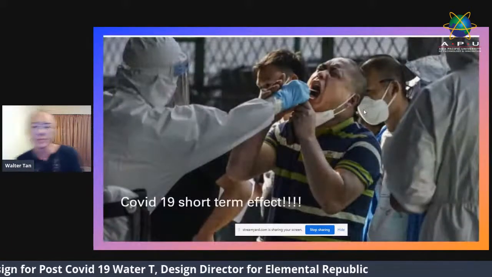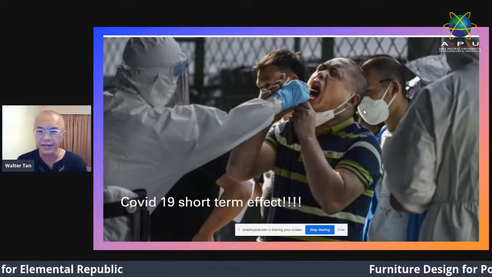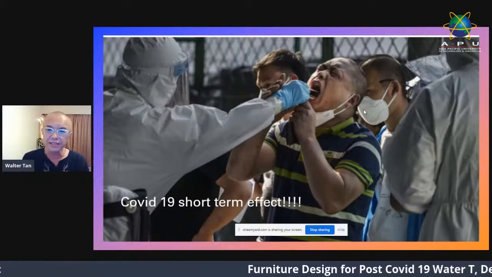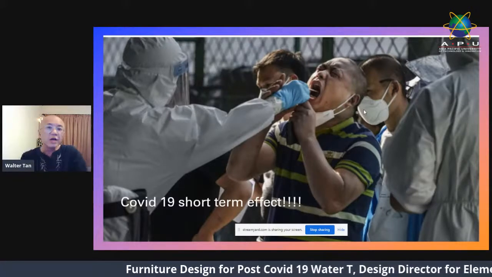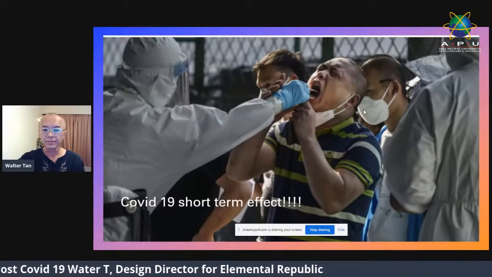Now, the topic of the world is COVID-19, or they call it coronavirus. So what are the short-term effects of this virus?